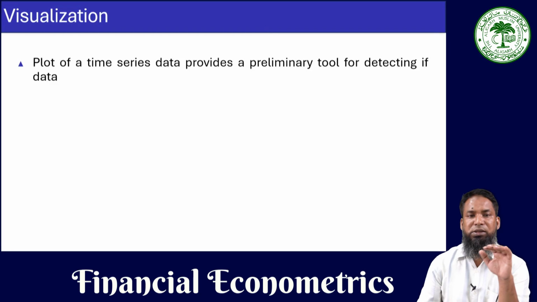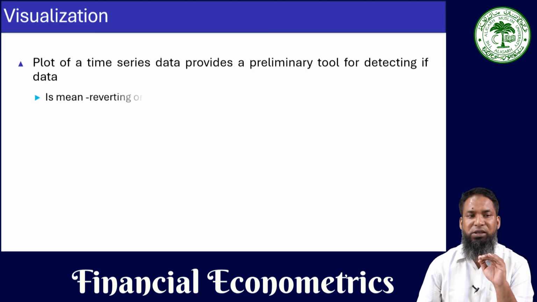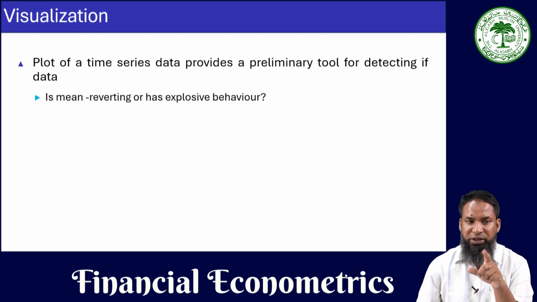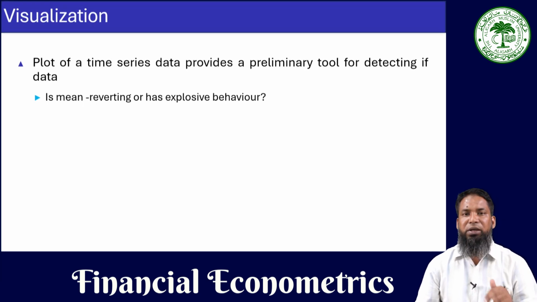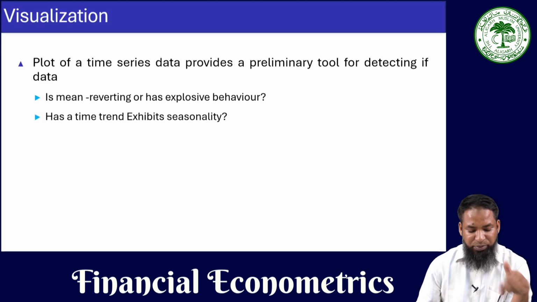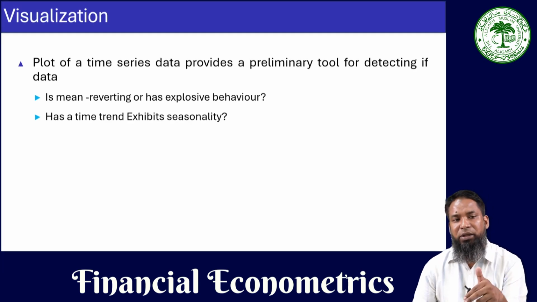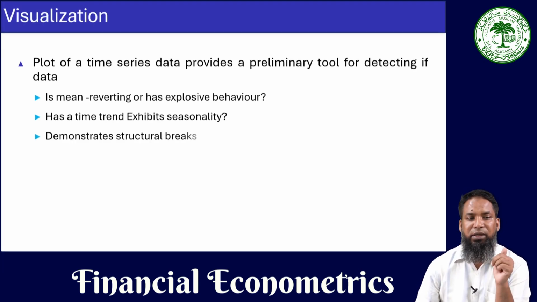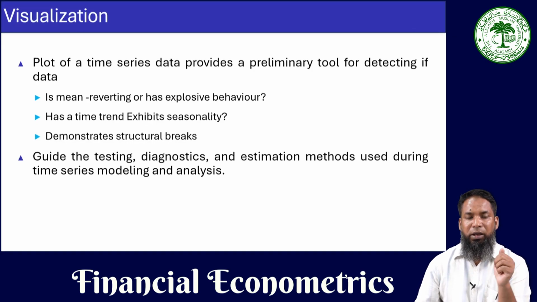It helps us see whether the data is mean reverting or has explosive behavior. In a minute we will discuss what we mean by mean reverting and by explosive behavior. It also shows whether there is a time trend, whether it exhibits seasonality, and whether it demonstrates structural breaks.